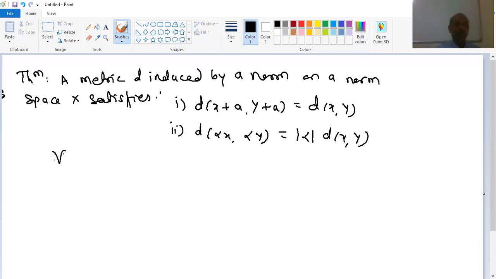This is true for all x, y, a belonging to X and every scalar alpha.